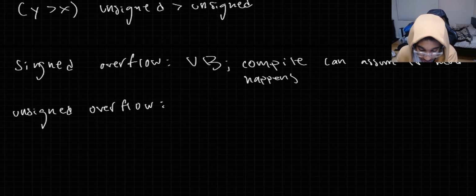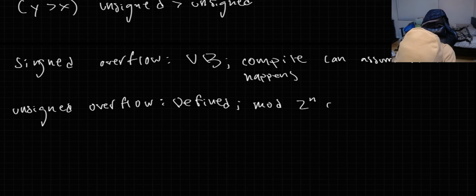Now, unsigned overflow is in fact defined. And it is defined by mod 2^n arithmetic. And this is also wraparound.